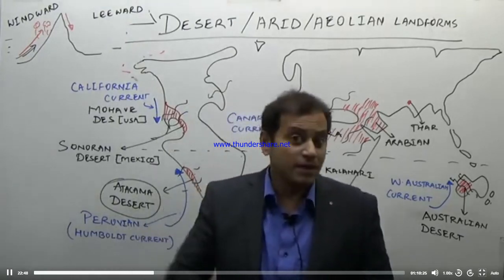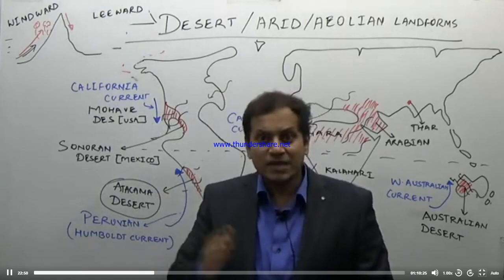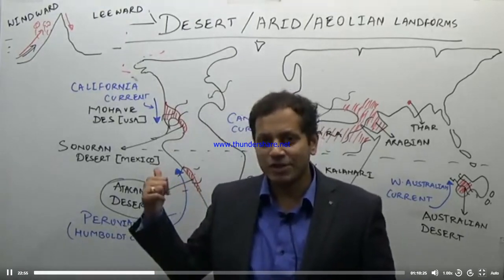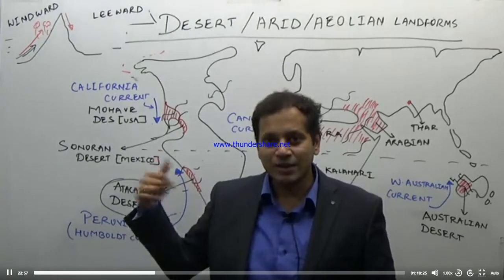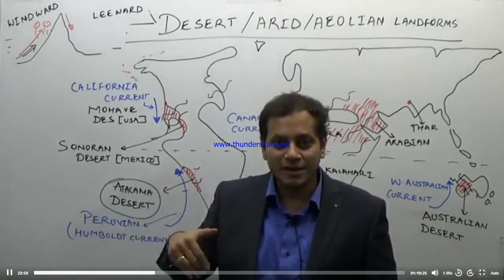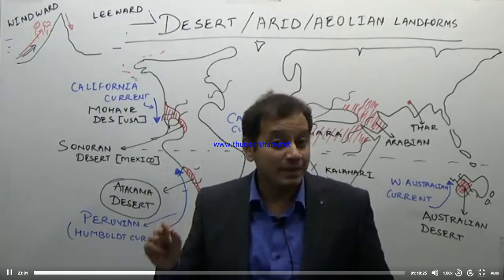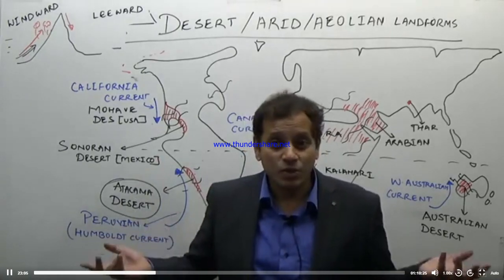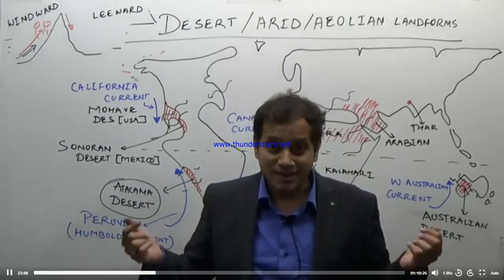So can we say that the western side of the Western Ghats gets very, very heavy rainfall? Is this reason true that it lies on the windward side? Yes. And is there a semi-arid region in the eastern side of the Western Ghats where there is no rainfall? Yes, there is.